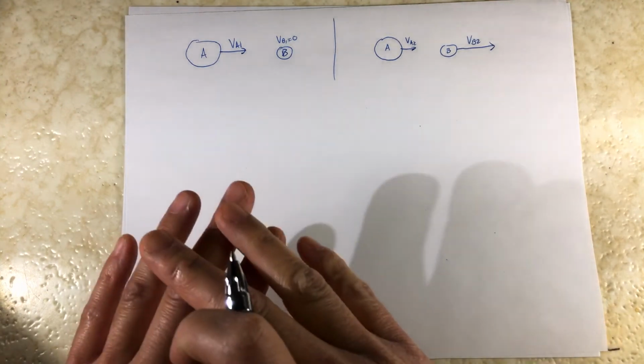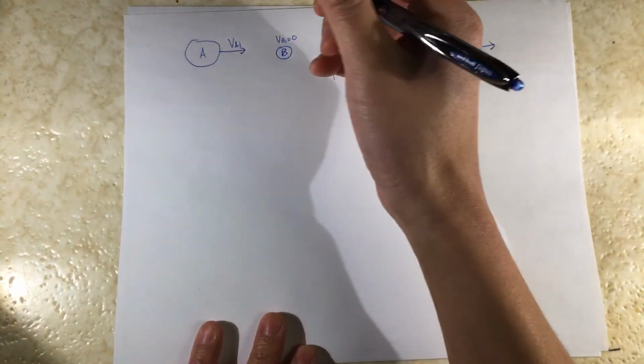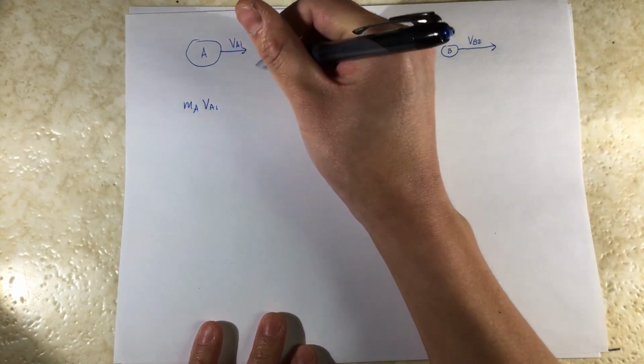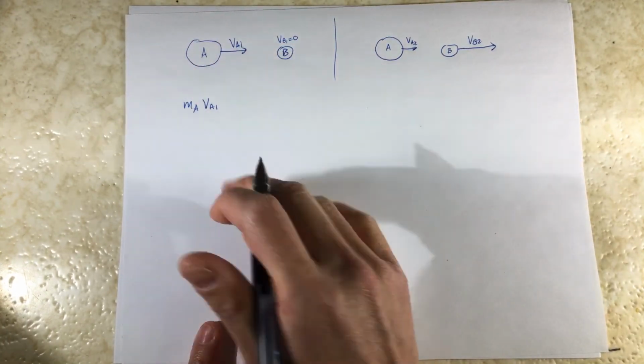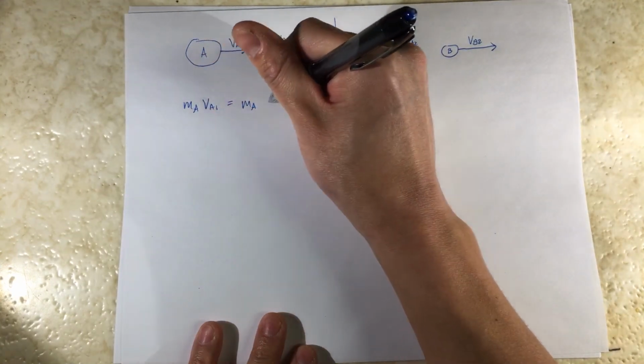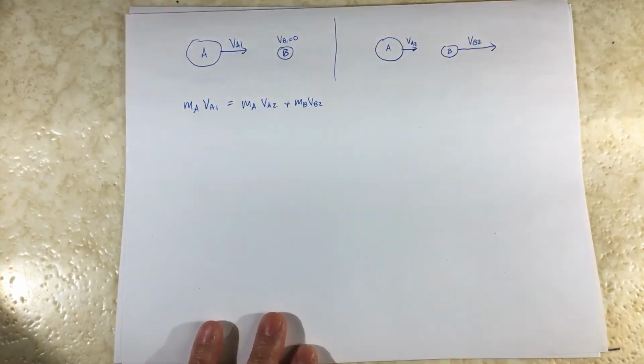What you would do is set up a series of equations for conservation of momentum. So for conservation of momentum, the equation would look something like this. MA VA1, and then there's no momentum initially for this one. And then the final momentum would be the momentum of each of these. So MA VA2 plus MB VB2.